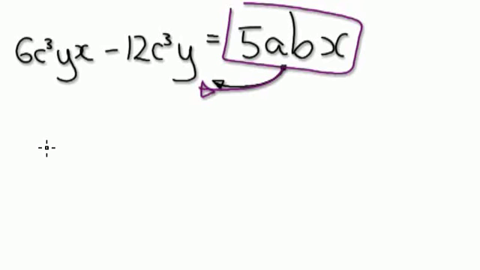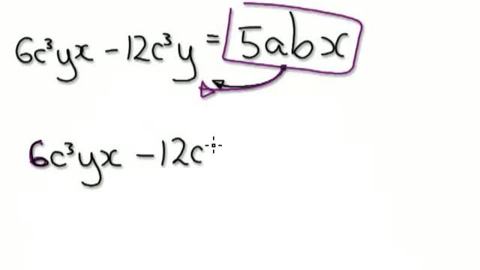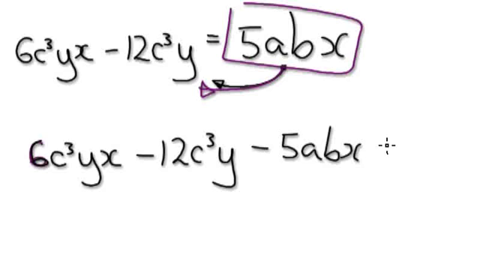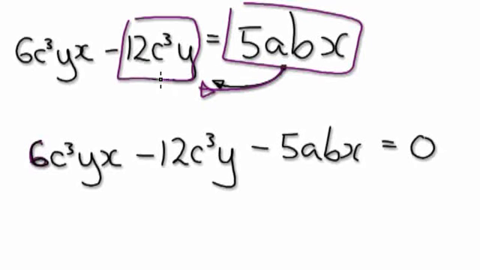Take the whole lot down: 6c to the power 3yx minus 12c to the power 3y minus 5abx equals 0. You could also take this across first and then move this across, but it doesn't matter.